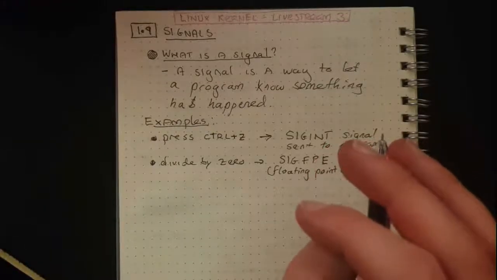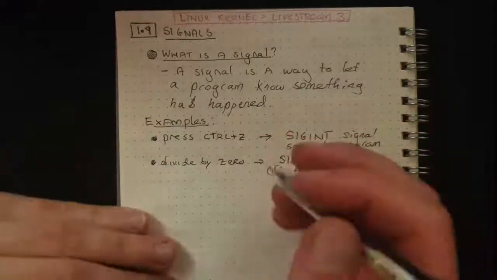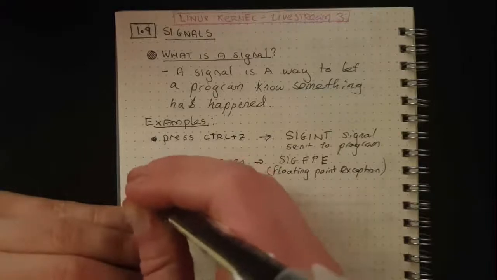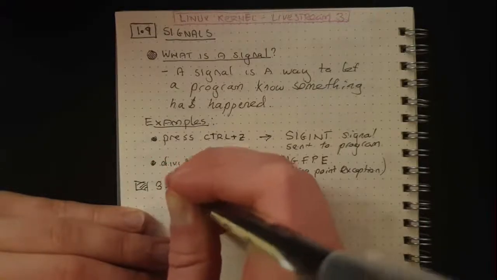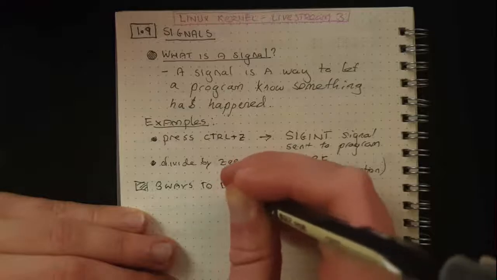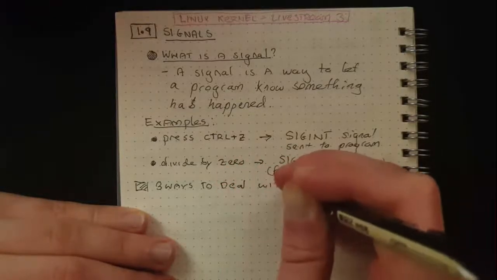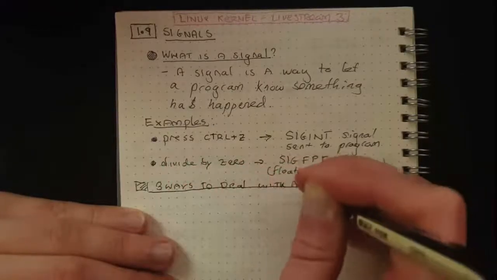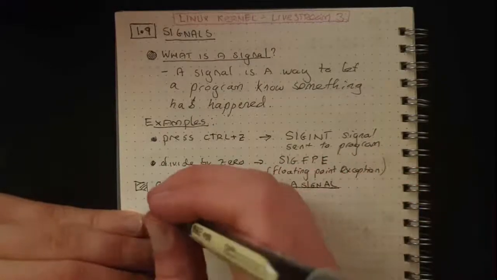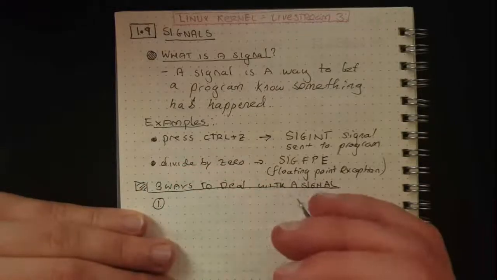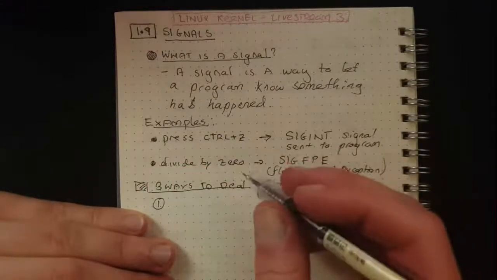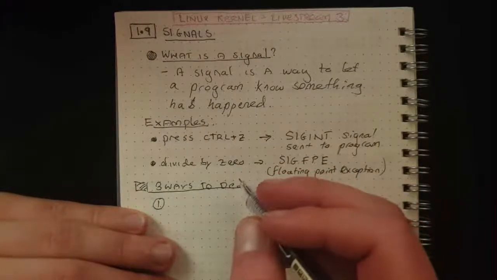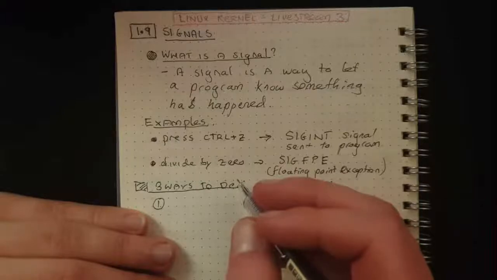And there are 3 ways to deal with the signal. Number 1 is to simply ignore it. In some cases that's fine, but a lot of the times you do not particularly want to do that.